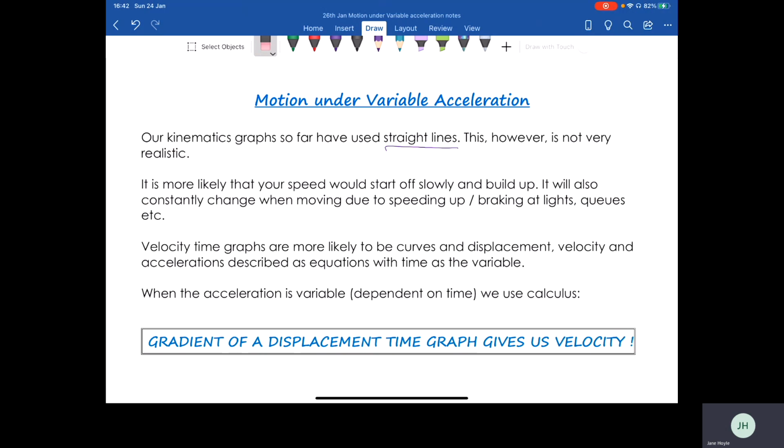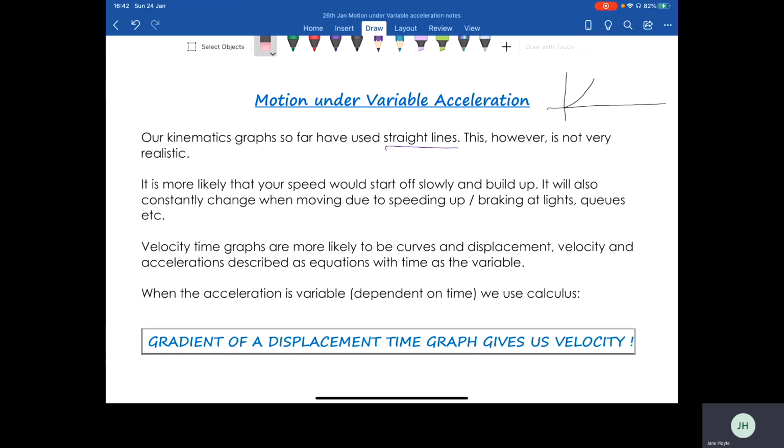When you are accelerating, whether that's running, in the car, on the bike, whatever it is, it is very, very unlikely that you are just going to have a constant acceleration. So what is more likely to happen in real life situations is that you will have some sort of curved acceleration.